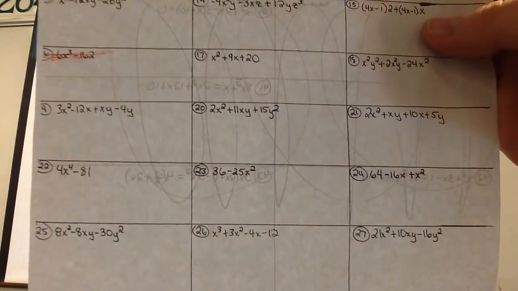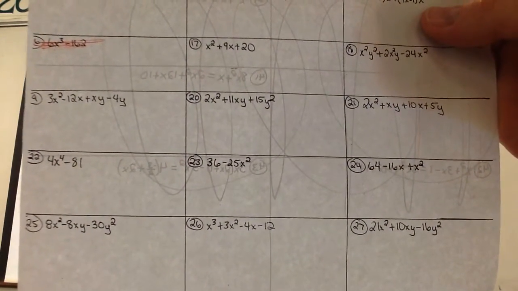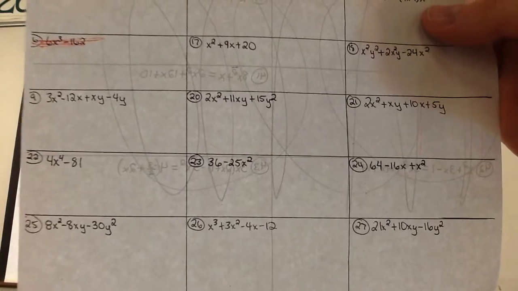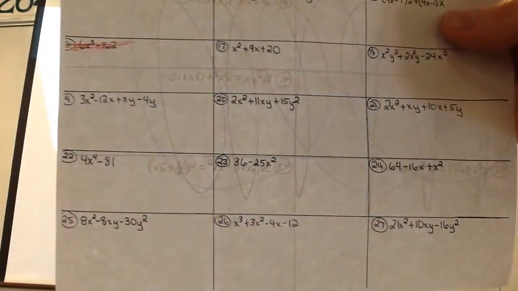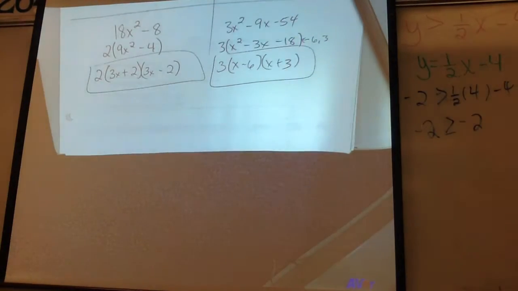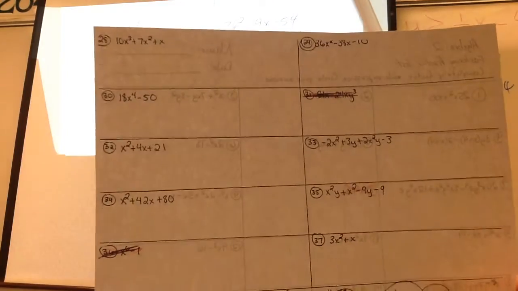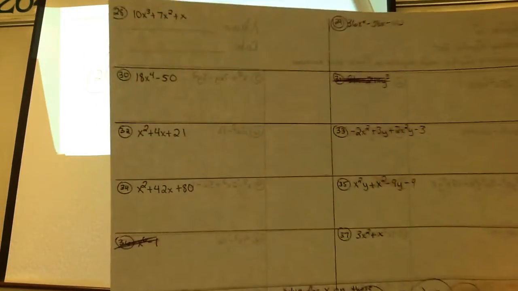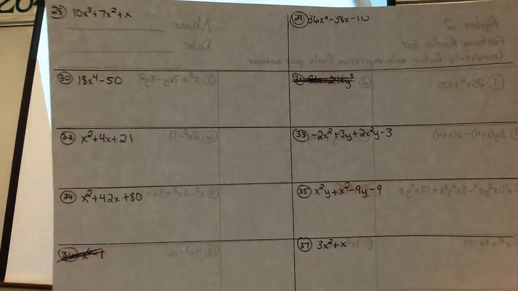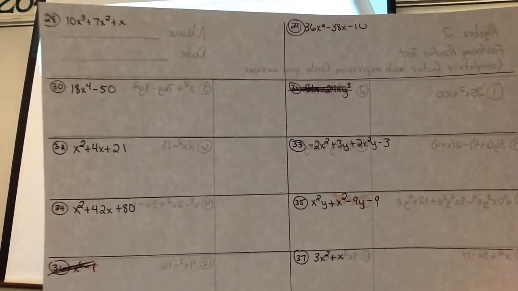Then 16 is crossed off, but there's 16 through 27. Pause it, write all those down. You can watch, it's okay. I know this is weird. And then there's the back, where I crossed off everything, so it's just 28 through 37.